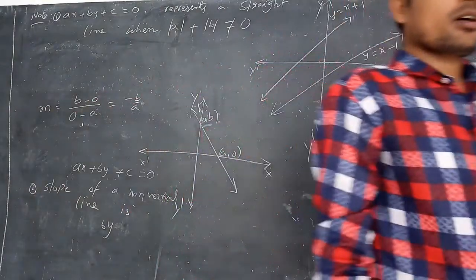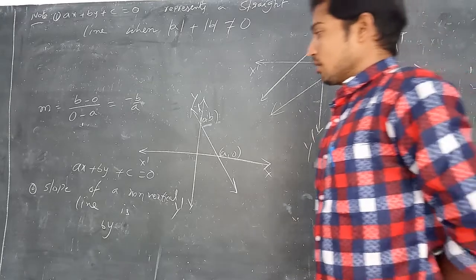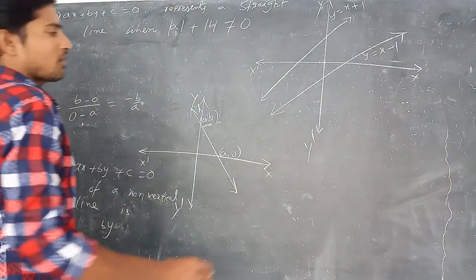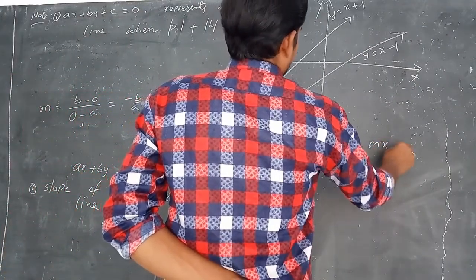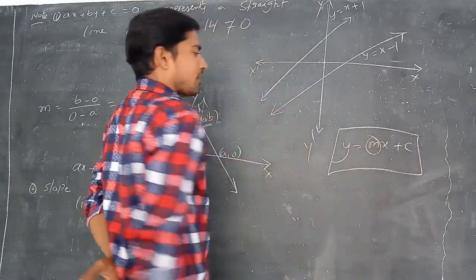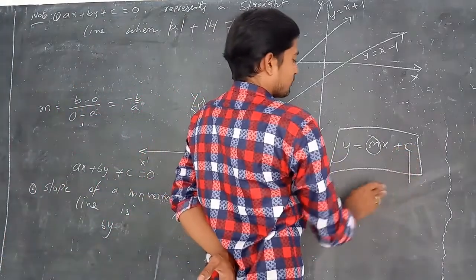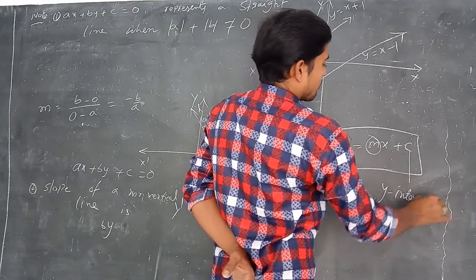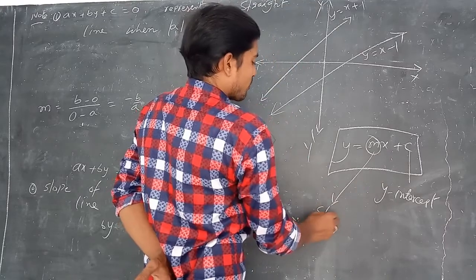Here m is the slope of the line and c is the y-intercept.